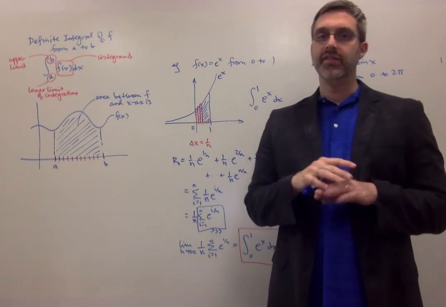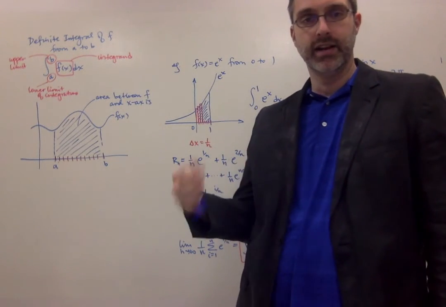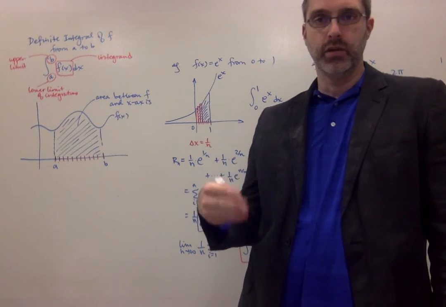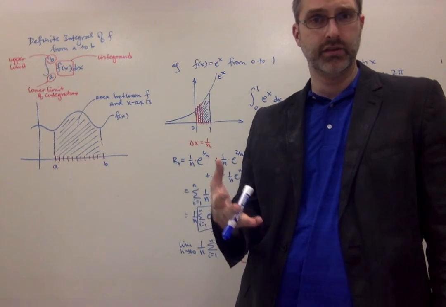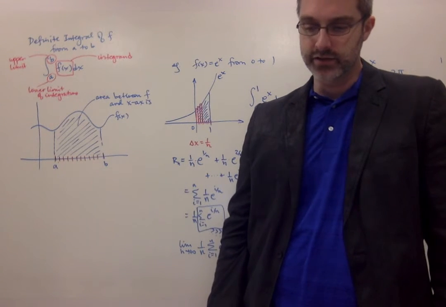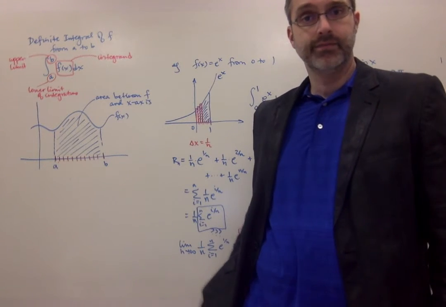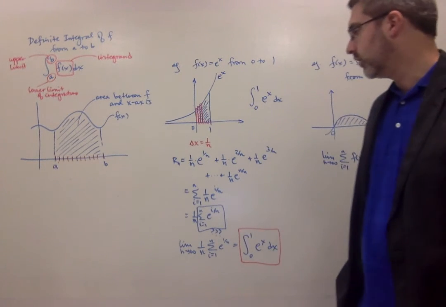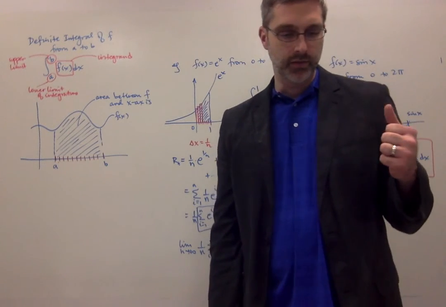If it doesn't say that, then you don't have to do it that way. There are going to be other methods moving forward for how to do these calculations. But for now, if we can do the limit, then we're stuck doing that. So that's the first note.